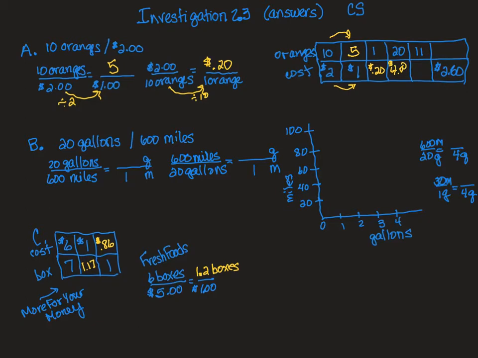For 11 oranges, 11 times 20 cents is going to be $2.20. Now, if I want to start with $2.60, I know that each orange is 20 cents. So if I spent $2.60, divided by that 20 cents gives me 13 oranges.